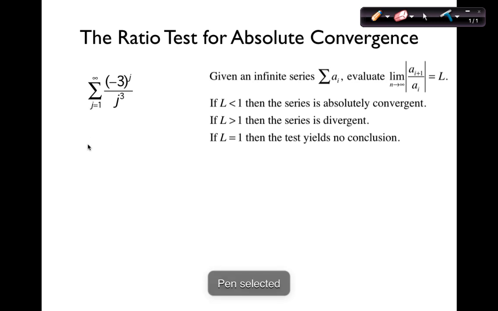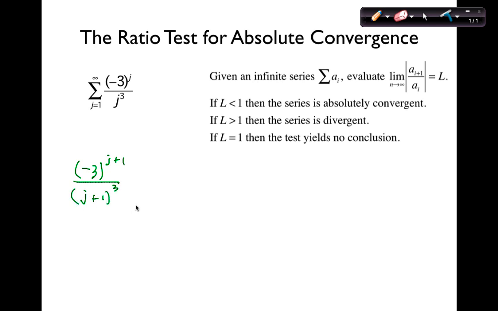The j plus 1 term is -3 to the j plus 1 over j plus 1 quantity cubed. And we're going to take the ratio of that to just the jth term. And we're going to look at the absolute value of that, and then we're going to look at the limit of that.